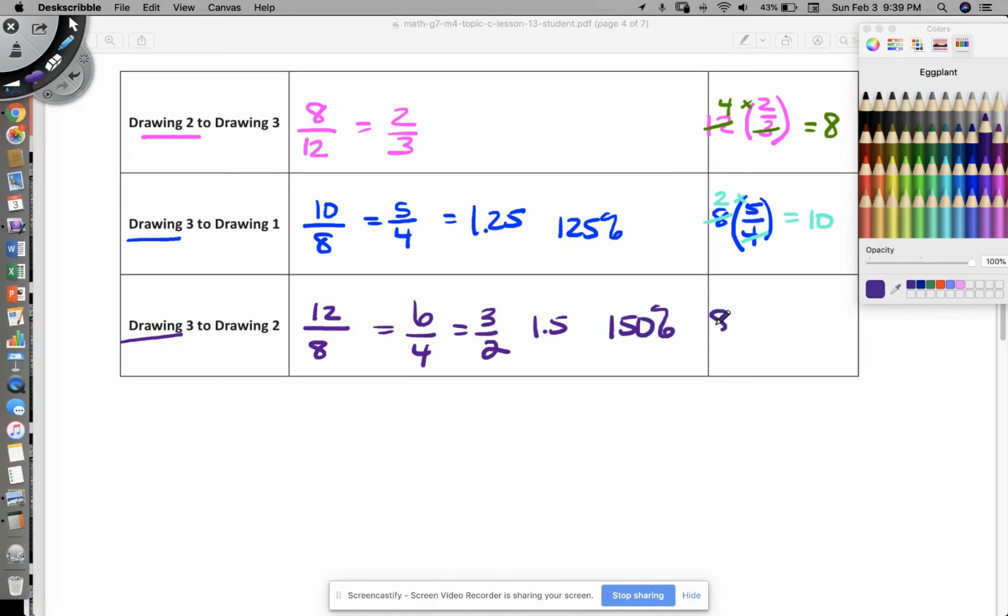All right, I'm going to take 8. And again, I'm actually going to use that fraction one more time because it will cancel out. I can say 2 goes into 8 4 times. 4 times 3 is 12. So those are your equations, and those are your math examples that go along with those. Go ahead and go to the next page.